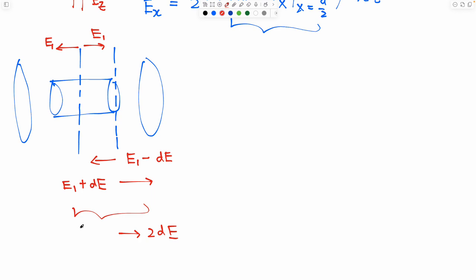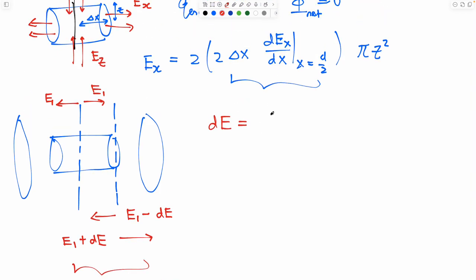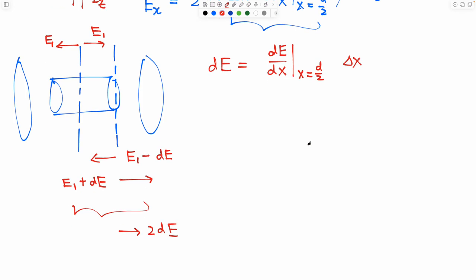To determine what delta E is, I'll just say dE, it is equal to dE/dx evaluated at x equals d over 2 times delta x, right? Why do we have to do this?